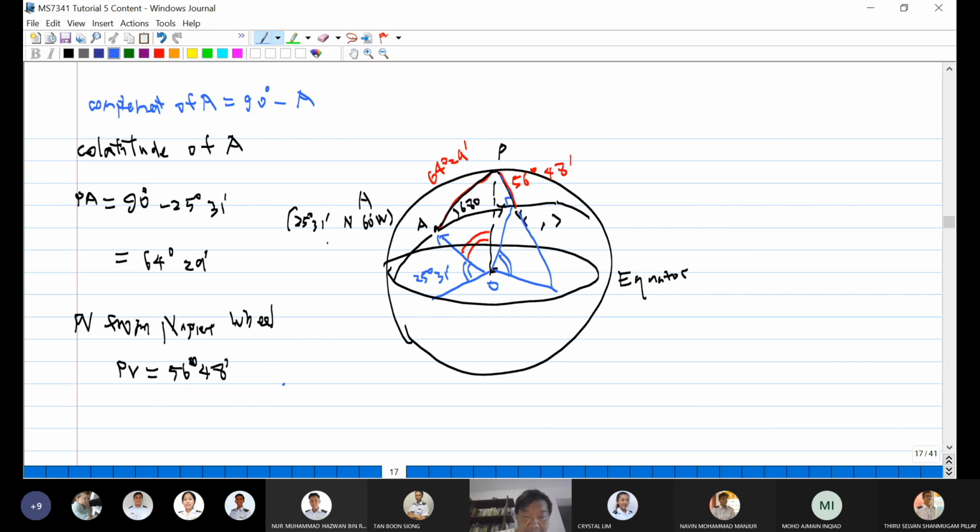This angle is the latitude of V. So the latitude of V is 90, because the equator is 0, minus PV. 90 minus 56 degrees 48 minutes.